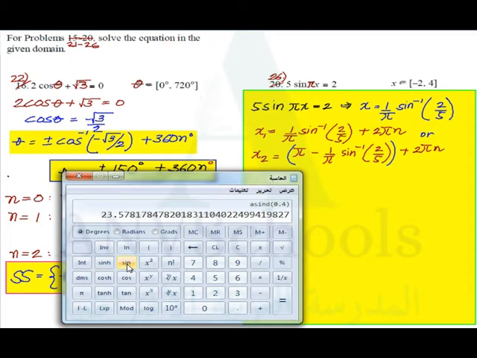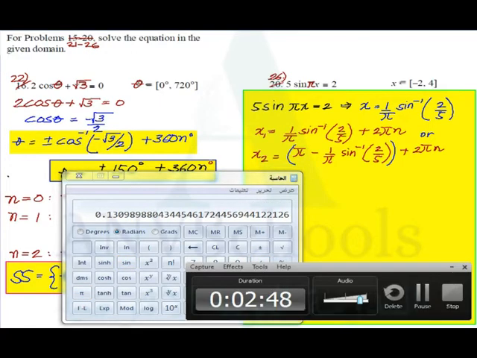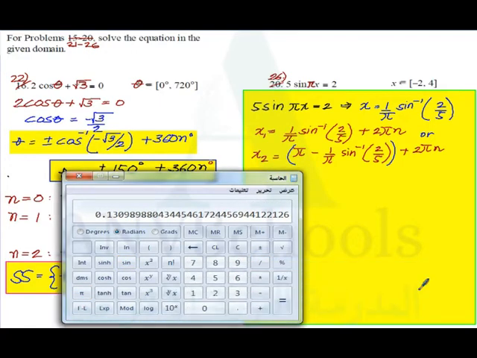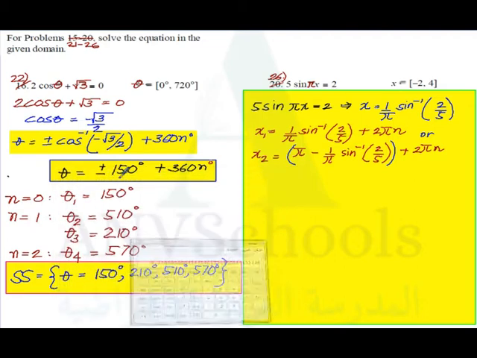That would be 23 point, but it's in degrees. Okay, I forgot to put it in radians, so let's do it again. 2 divided by 5 is equal to 0.4, inverse sine, that would be 0.4115 divided by pi. That would be 0.1309, or 0.1310, let's say.